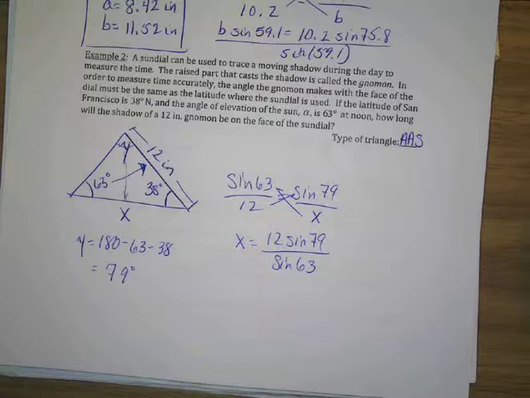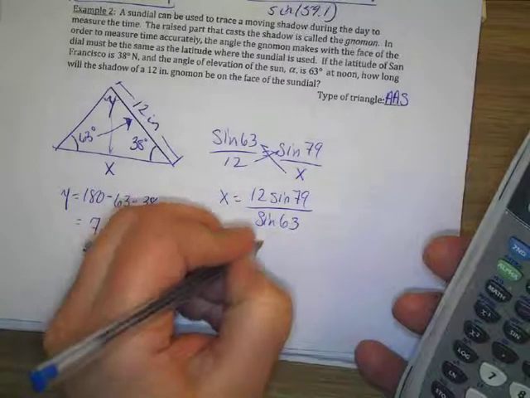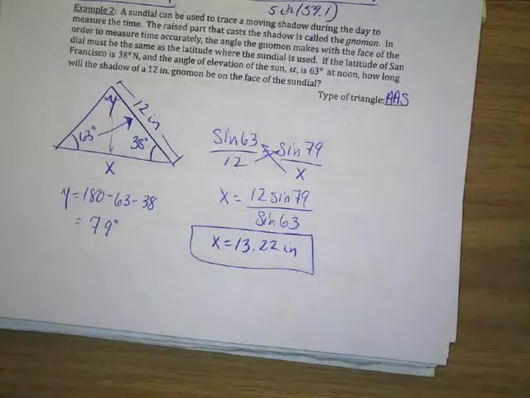What'd you guys get for the length? 13.22, and we're in inches. That's how long the shadow is. Pretty straightforward?